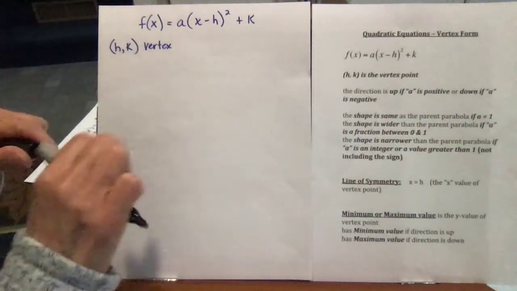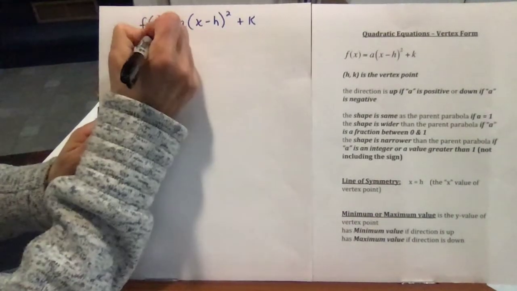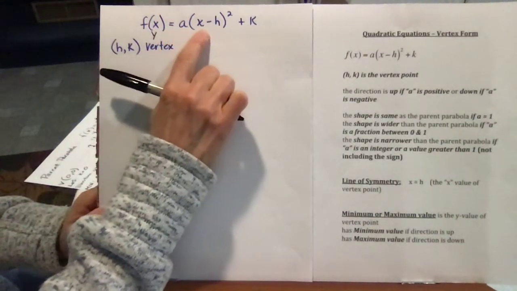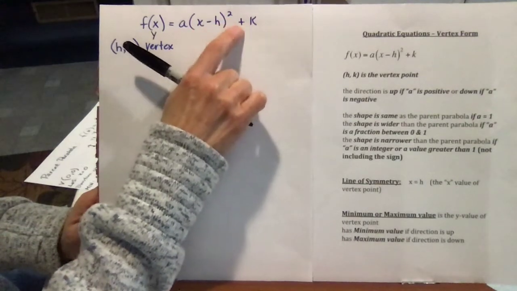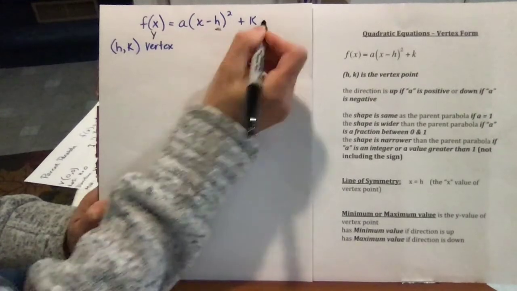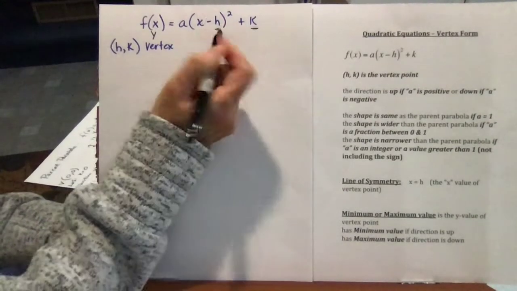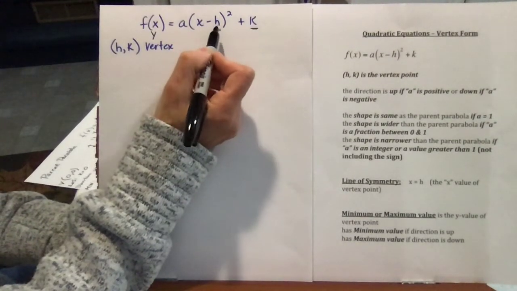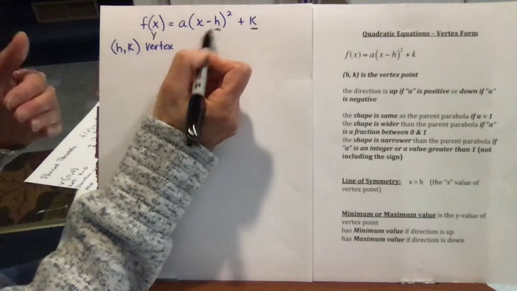So here's our rule. Vertex form is f of x, or y, equals a times the quantity of x minus h squared plus k. All right, the vertex is the h and the k value. Now, it's always x minus h, so you're taking the h without the minus sign.